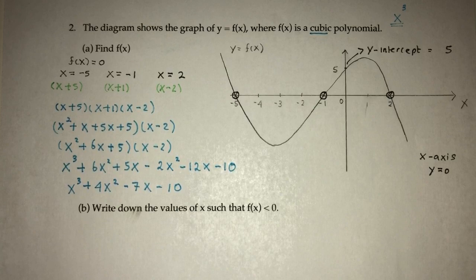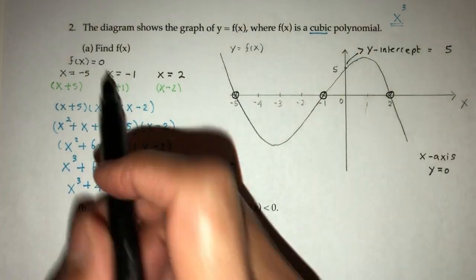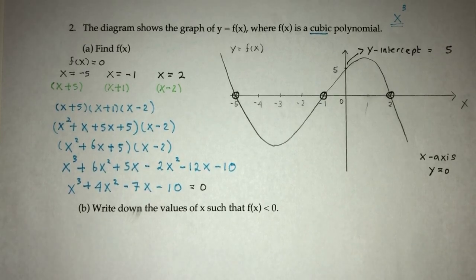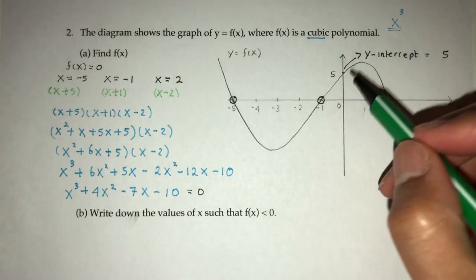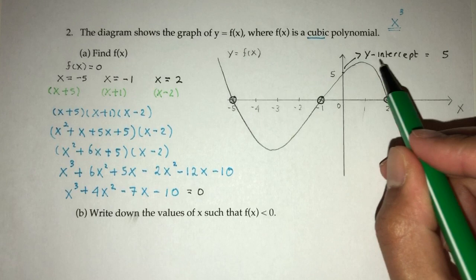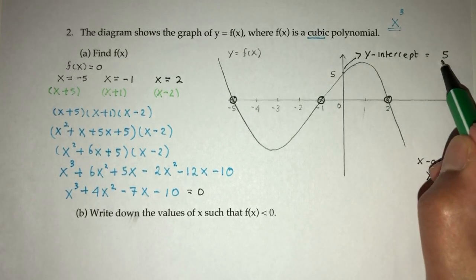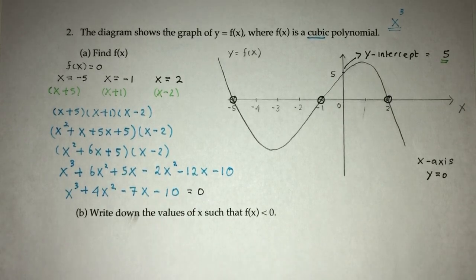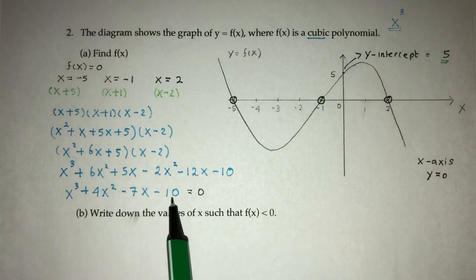But now you observe something, of course it is equal to 0, right? We have to use this information here that you see the y-intercept is actually 5, which means the value here needs to be 5. So how can you convert minus 10 to 5?